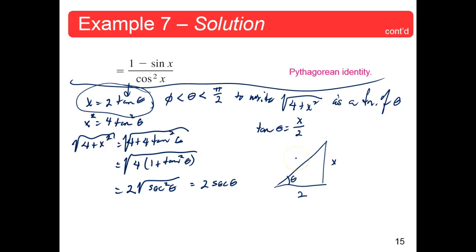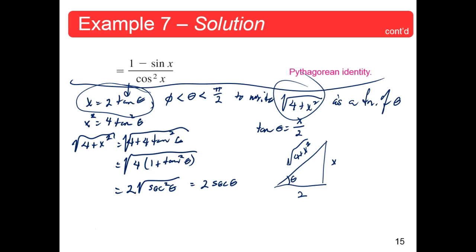But that would be the square of the hypotenuse. So the hypotenuse would be the square root of 4 plus x squared, which is exactly this form right there. Hey, look at that. So, yeah, this all fits together pretty well, doesn't it?